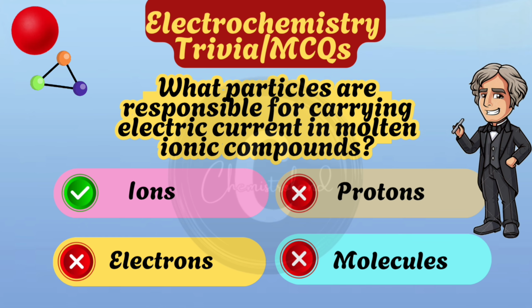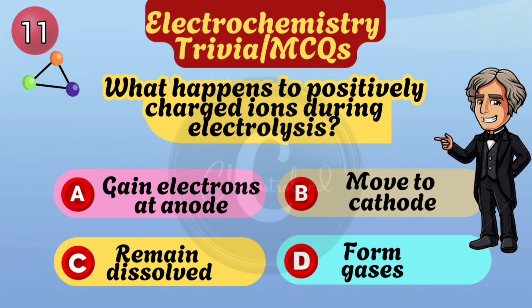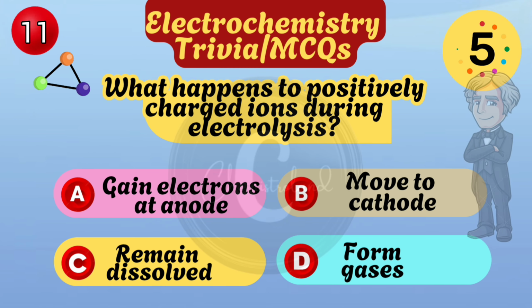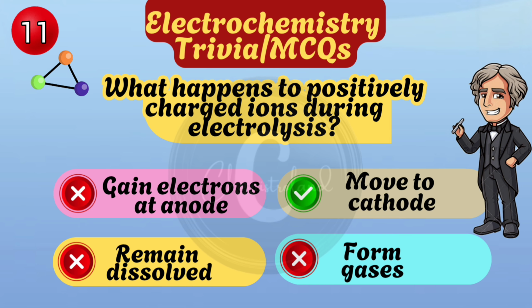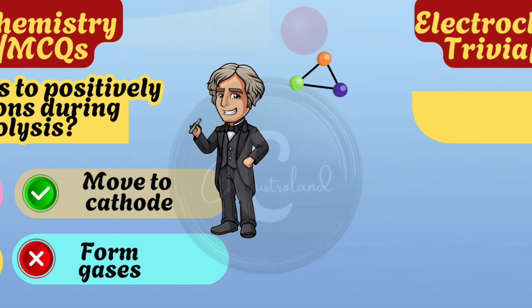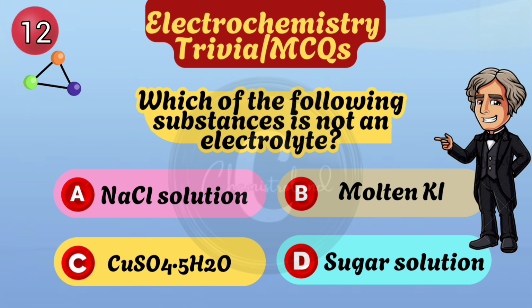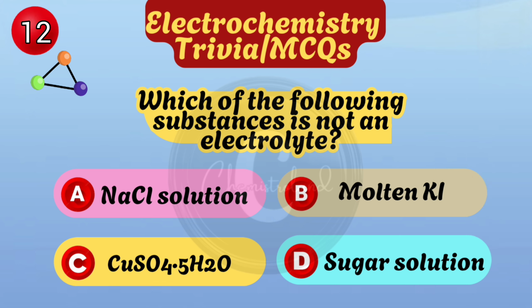Ions. What happens to positively charged ions during electrolysis? Move to cathode. Which of the following substances is not an electrolyte?